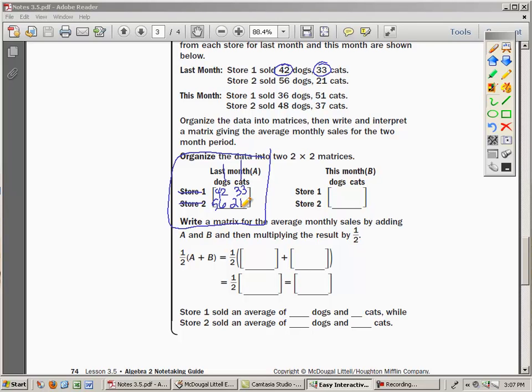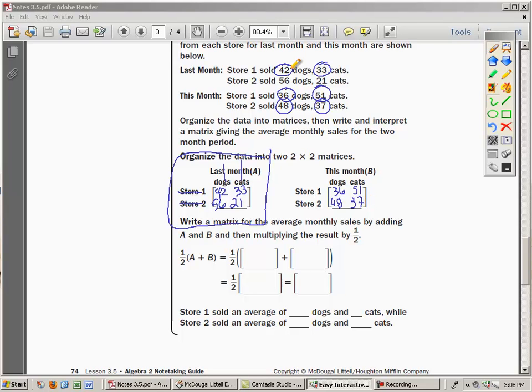This month, store number 1 sold 36 dogs and 51 cats. And over here we have 48 and we have 37. All right. It says write a matrix for the average monthly sales by adding A and B and then multiplying by 1/2. Again, if we're trying to find the average, we could do this as 4 separate problems.